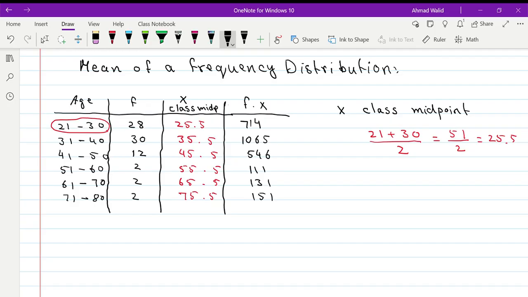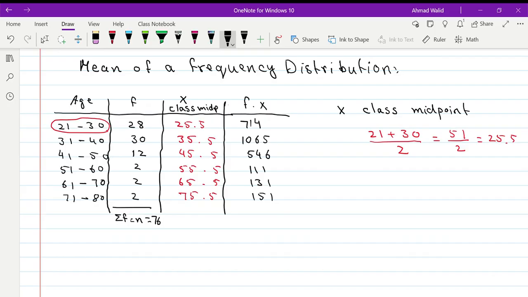What we do, we multiply our F with our X. You can do it in your calculator. It gives you a number. Now, what is the next step? We already know the sum of our frequencies, which is your N. If you add this column, it gives you 76.